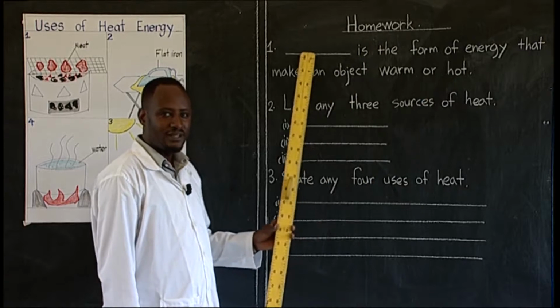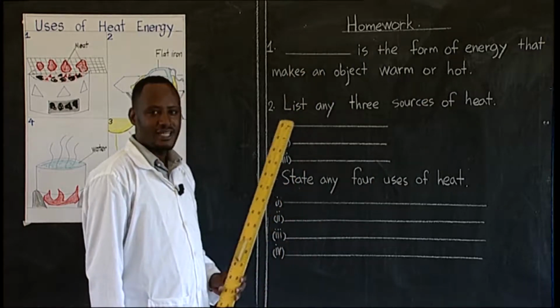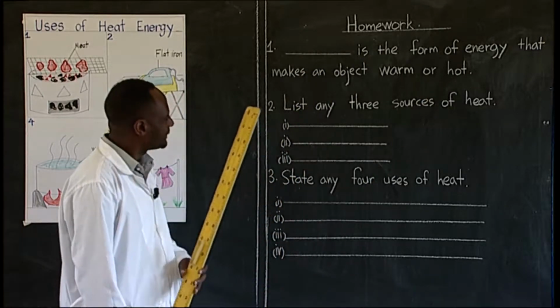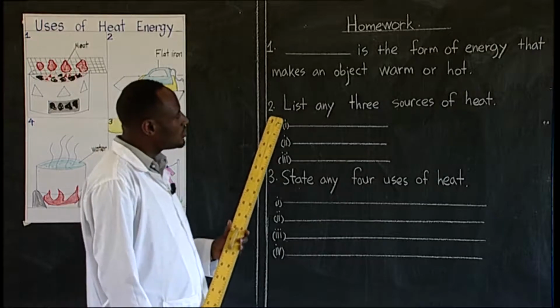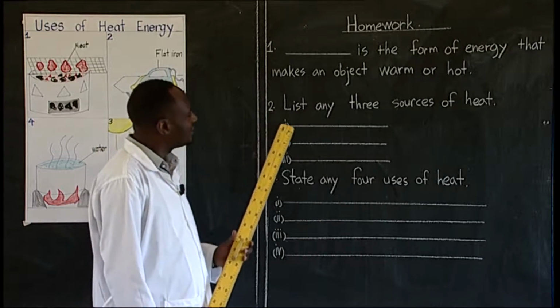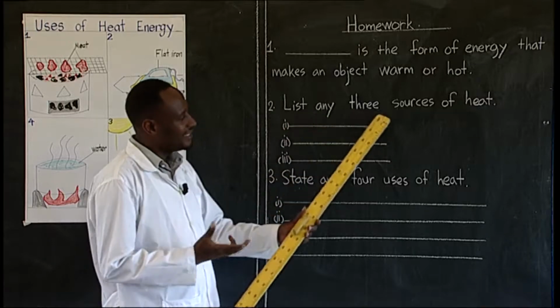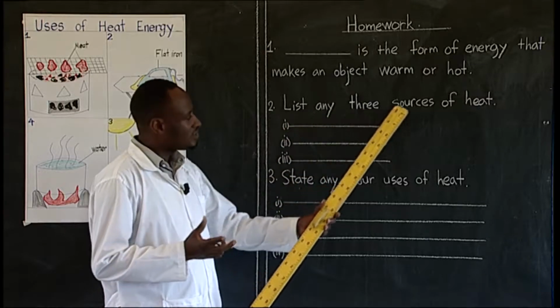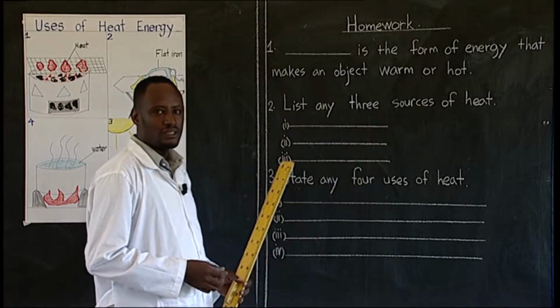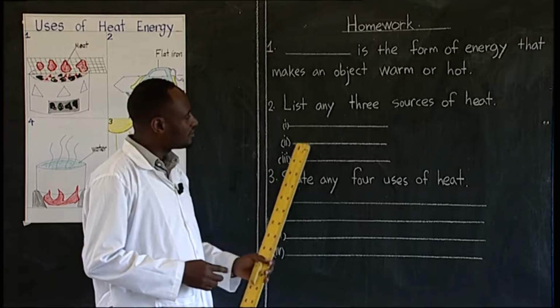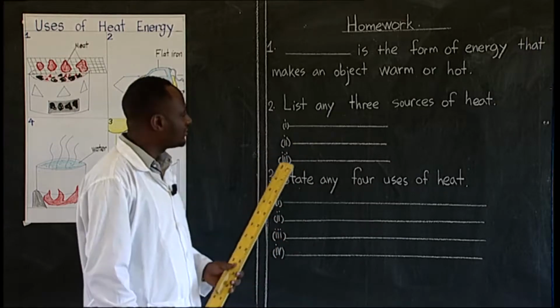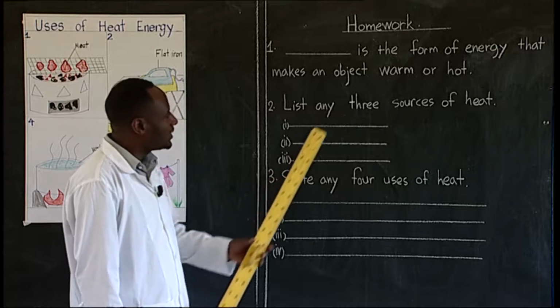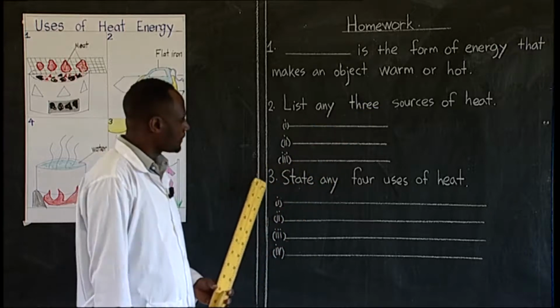So you just simply fill in the correct answer. Good. Number 2, we are saying list any three sources of heat. So you have 1, 2, 3 dashes. Fill them correctly with the sources of heat you know.